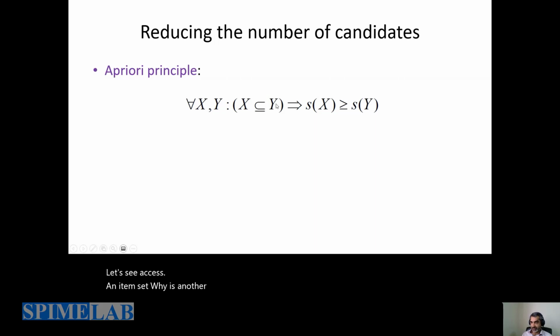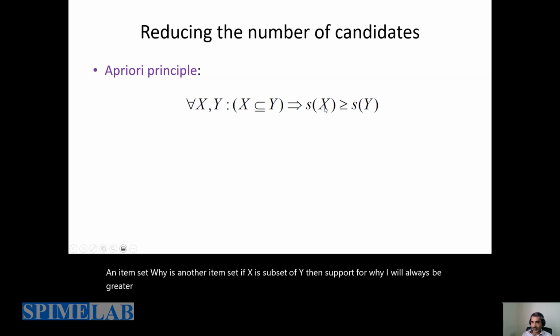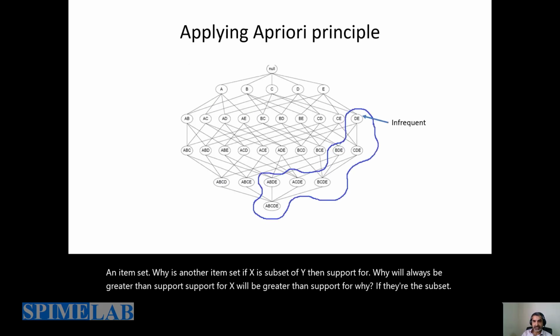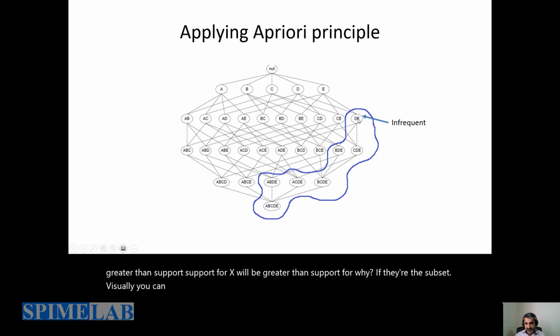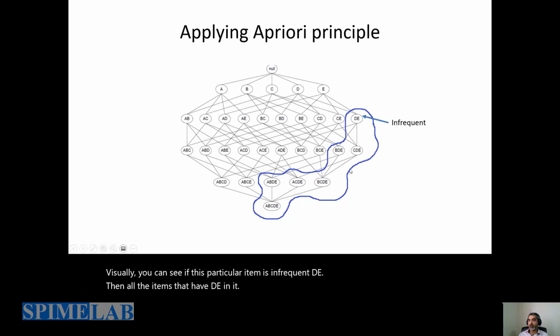If X is a subset of Y, then support for X will always be greater than or equal to support for Y. Visually, you can see if this particular item set, DE, is infrequent, then all the item sets that have DE as a member will also be infrequent. This is what the a priori principle is saying.